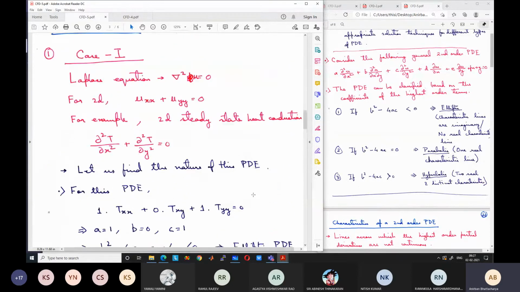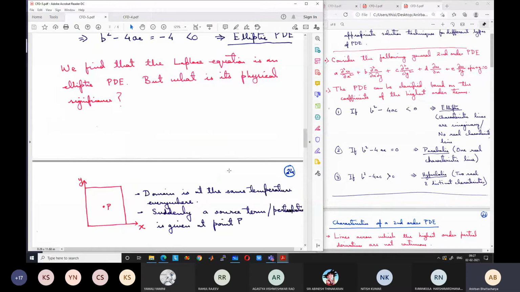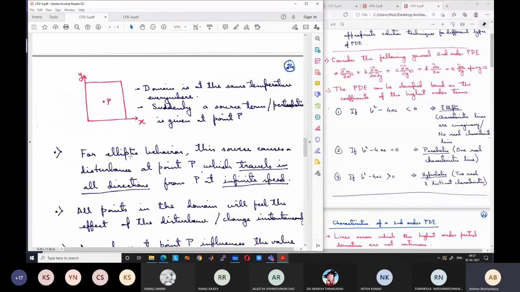To do this, let us look at the behavior of temperature in the domain. Say we have a 2D domain like this. I have explained it with respect to the Cartesian coordinate system, but it can be based on any coordinate system, but it needs to be 2D. Remember, all this discussion is only valid for second order and two-dimensional PDE.